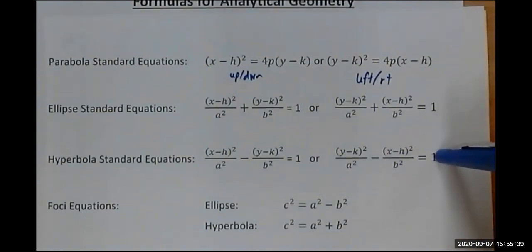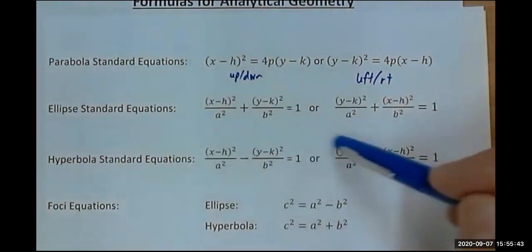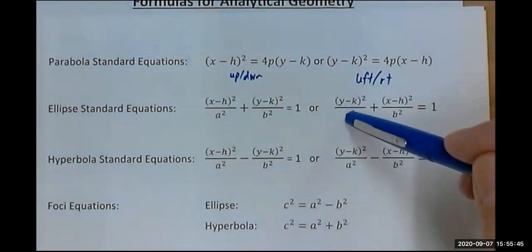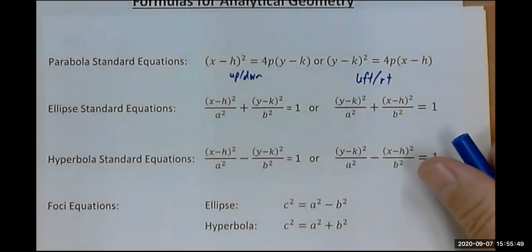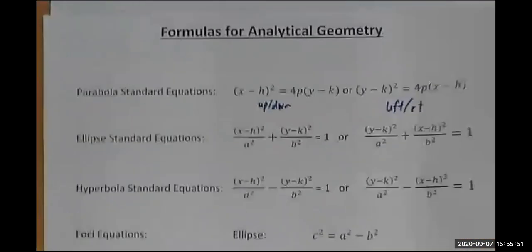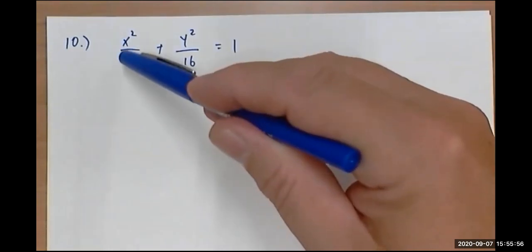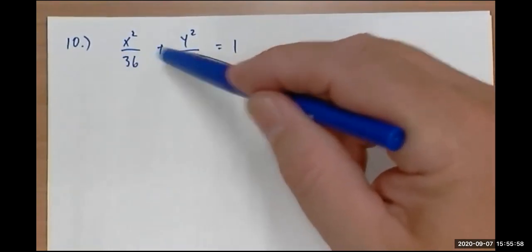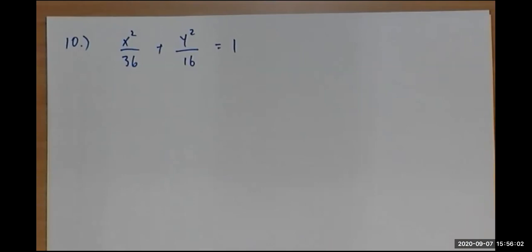The other thing to notice is there are no coefficients in front of any of these parentheses, but obviously you'll have numbers in the bottom of the fraction. So we look here, we've got a 1 over here. We've got our denominators here, nothing in front of the variables. So we're good to go.